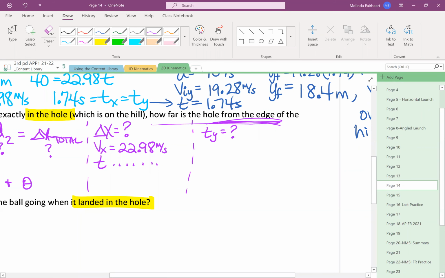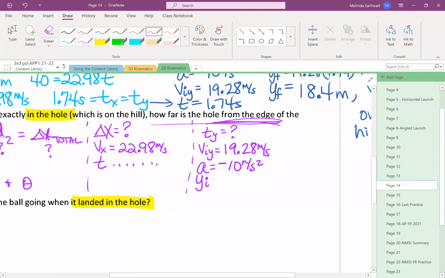Okay, so what do we know vertically? Well, the initial vertical velocity is still that same 19.28. We still have gravity, standard sign convention, right? And now that we know it lands in the hole, don't we know the vertical displacement? Or you could do it in terms of position.